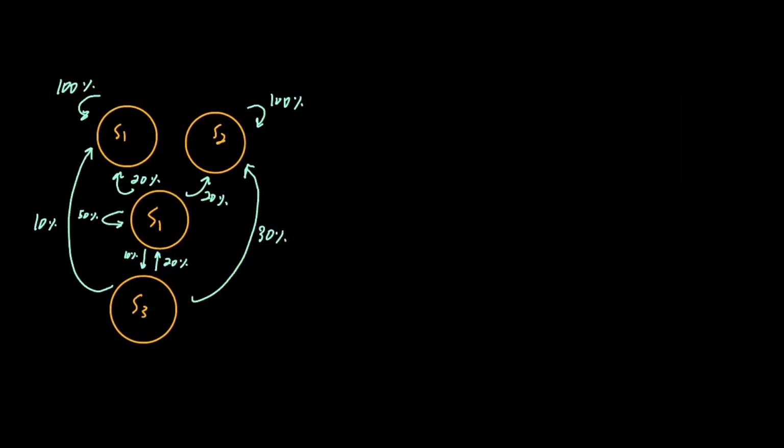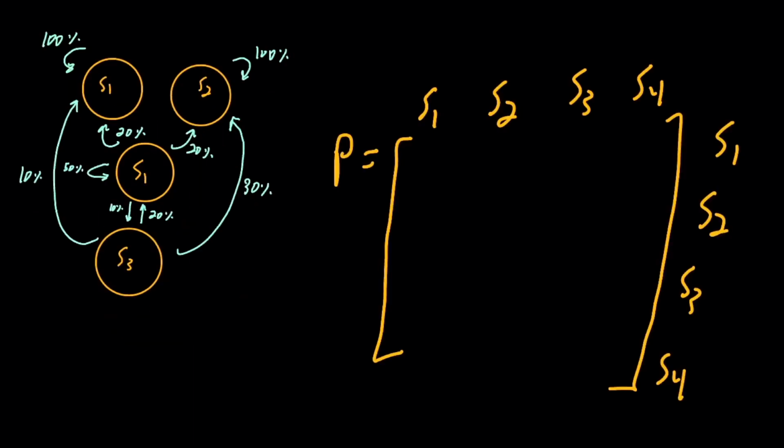Okay, so let's say we have this Markov chain. I know it's a little messy, but let's just focus on one state at a time. So we know there are four states. What does that mean? Well, our matrix is going to be 4 by 4. So let's write that down. Now let's look at the first state. From S1 to S1, we have 50%, so we have 0.5.